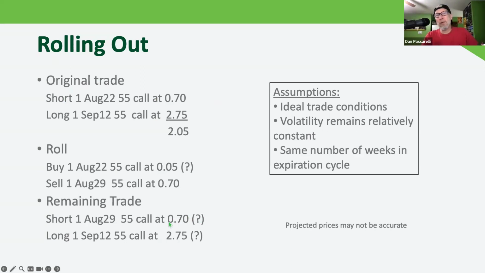We sold these, we're assuming we sold them at 70 cents. It won't be exactly 70 cents. And we're long these from 275, but we're not touching them. So we still have 275 invested in it. They will be worth less by then if the stock didn't move and volatility remains the same because of time decay, right?